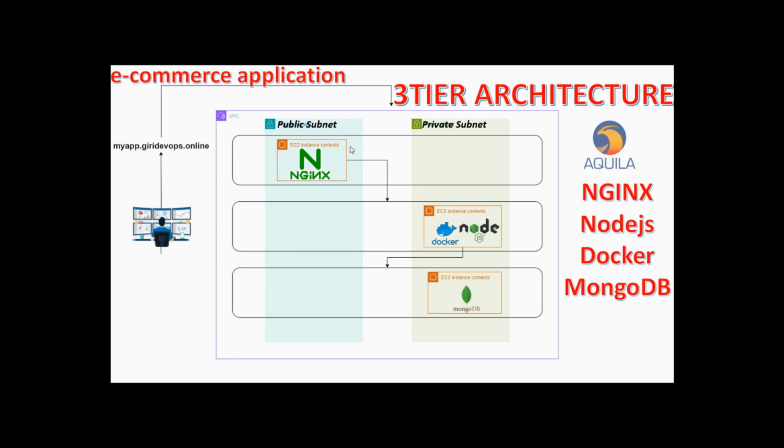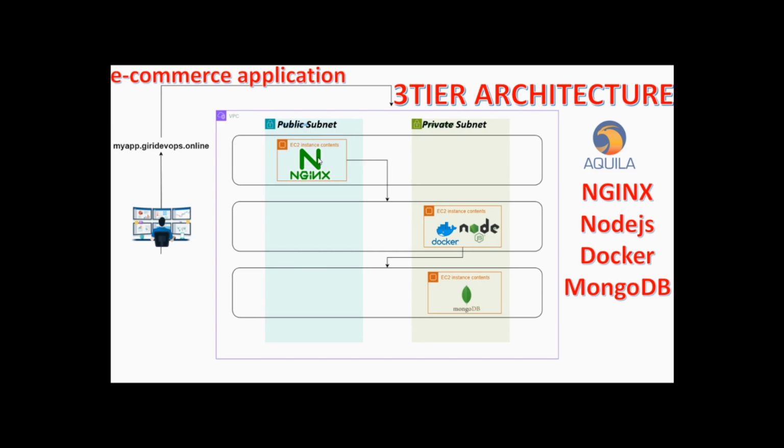First, we will connect to the public subnet server. Once we connect to this server, we'll directly jump to the other servers, that is the application layer server and the database layer server.